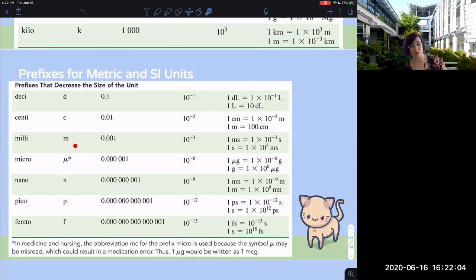You can overdose a patient if you think it's milli, or underdose if it's not, right? So we use MC because this fancy letter called mu, a Greek mu, is sometimes misread. So you can write MC if you want to, or you can try the mu, or if you're typing it into Google Drive, you can use the symbol if you want to, or you can use MC for micro.